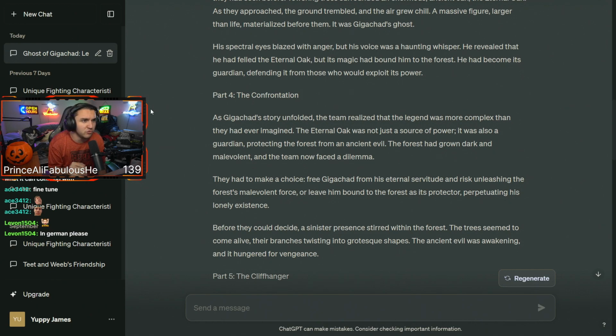The forest had grown dark and malevolent, and the team now faced a dilemma. They had to make a choice: free GigaChad from his eternal servitude and risk unleashing the forest's malevolent force, or leave him bound to the forest as its protector, perpetuating his lonely existence.